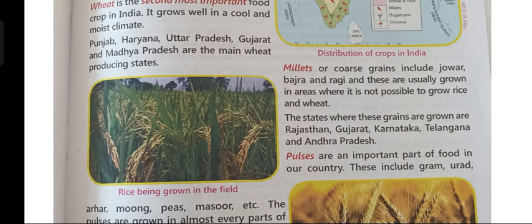Now, children, millets are usually grown in the areas where it is not possible to grow rice or wheat. And the states where they are grown are Rajasthan, Gujarat, Karnataka, Telangana, and Andhra Pradesh. So, in all these places, millets are grown.